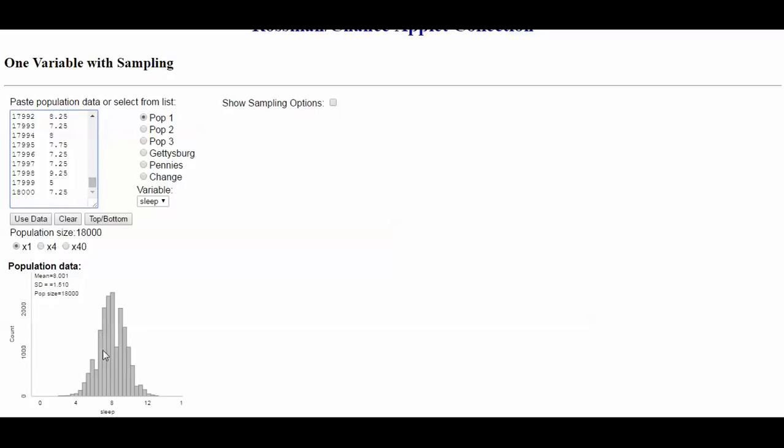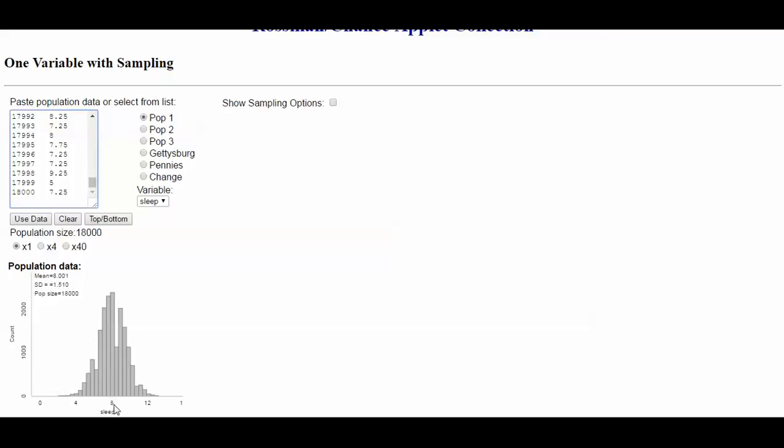Down here, we can see that the sleep times of the 18,000 people follow a roughly normal distribution. The mean, or the average, sleep time of the population is 8, or to be exact, it's 8.001. So if we added all 18,000 sleep times and divided the total by 18,000, it would come out to 8.001.